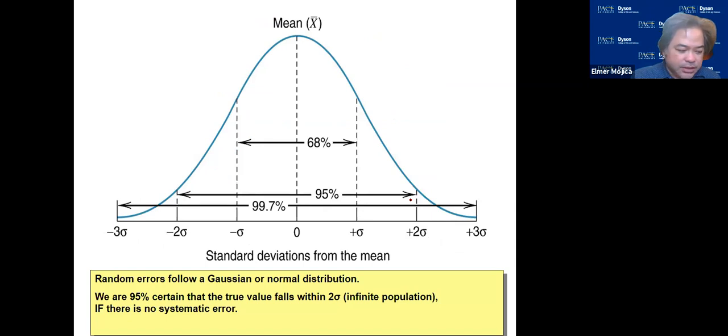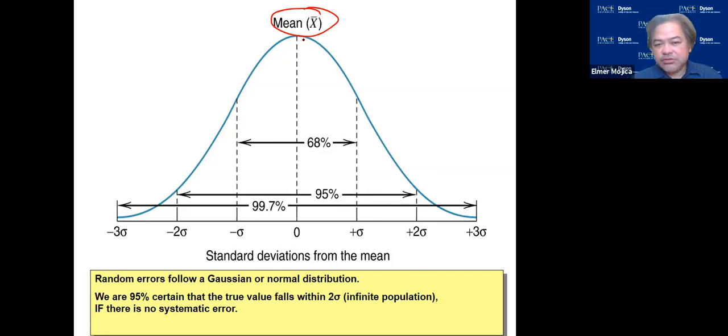So if we repeat the experiment many times, and the error is purely random, then the results tend to cluster symmetrically about the average value, which we can put here as the mean. The more times the experiment is repeated, the more closely the results approach an ideal bell-shaped curve, which we call the Gaussian distribution or normal distribution.